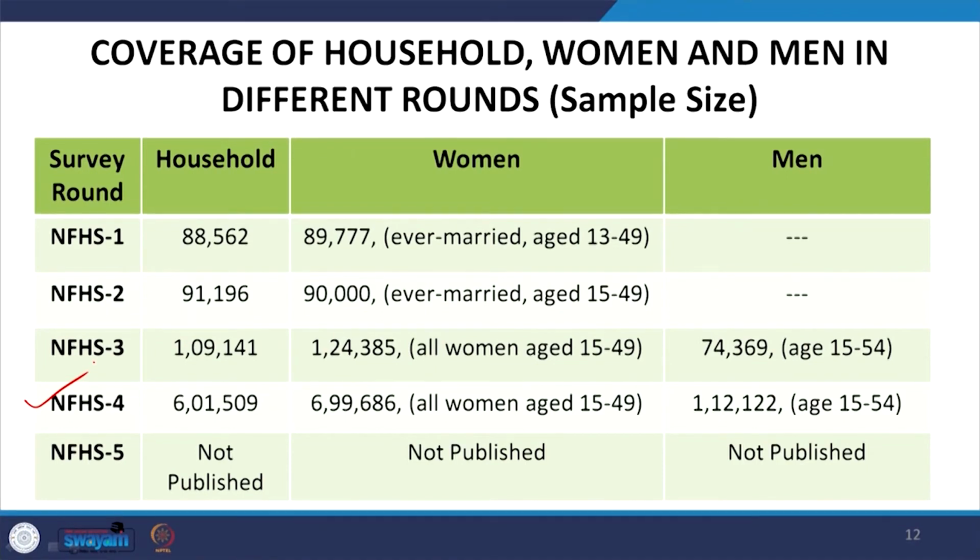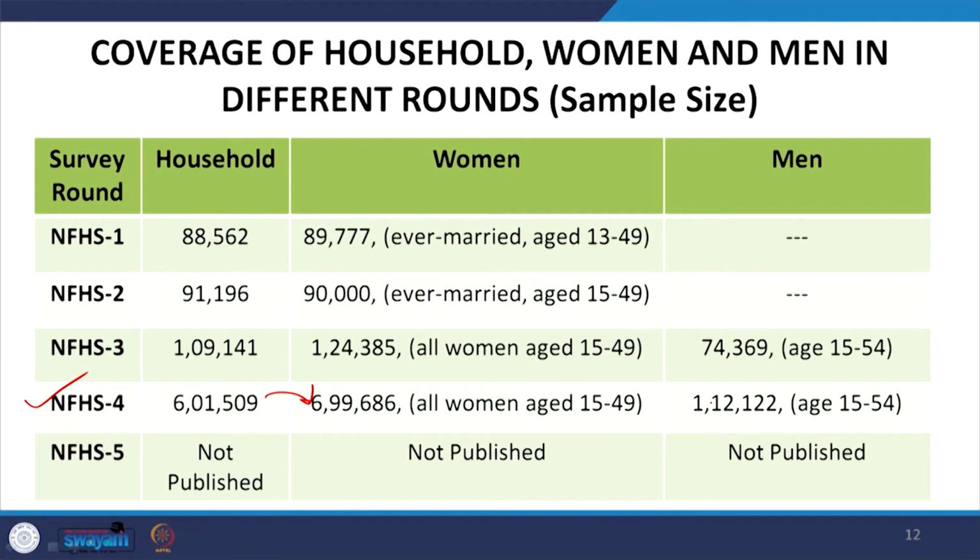Out of these 6 lakhs, 6,99,686 women are covered. Now, this is how we are referring to households. Okay, these are the number of individual women covered, and 1,12,122 men are covered.